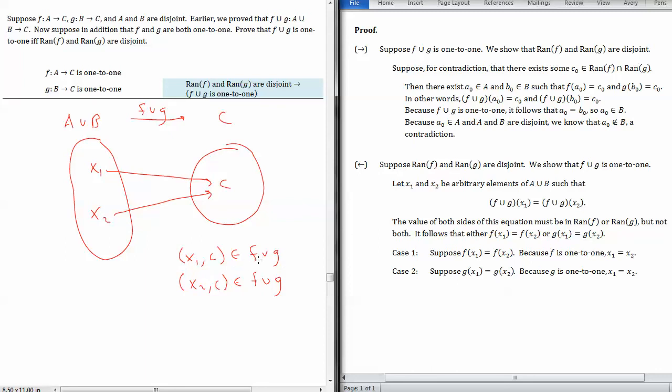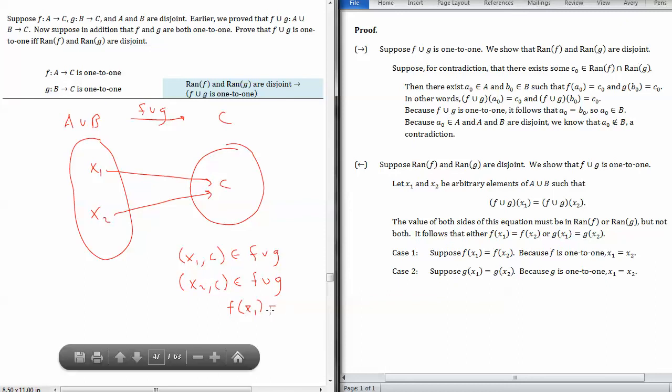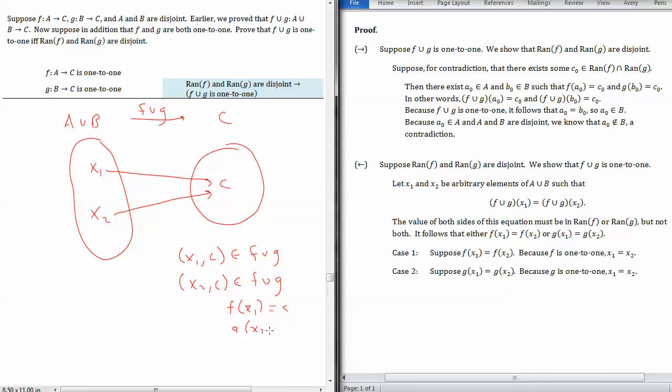Because think, if this is in f, then that means that f of x1 is equal to C, right? And if the second thing is in g, that means g of x2, pardon my pen here, it's freezing a little bit, g of x2 is equal to C. Okay, hopefully you can read that.